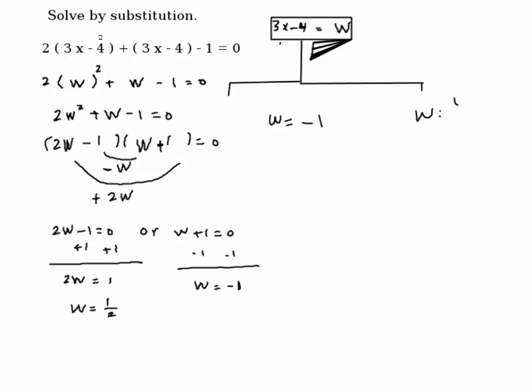Okay, so in this first case here, 3x minus 4 is equal to minus 1, or 1/2 is equal to 3x minus 4. Does that make sense? Jennifer, do you follow what we're doing so far? Yes. Because we have two values for w.